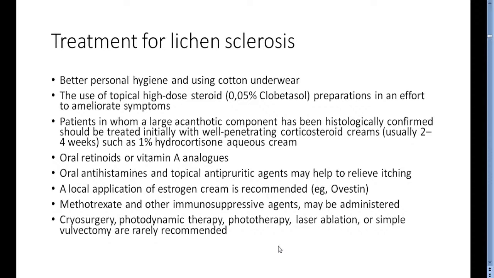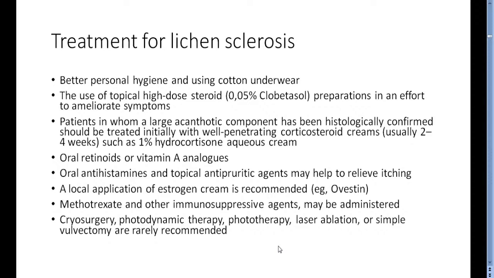Patients in whom a large acanthotic component has been found should be treated initially with well-penetrating corticosteroid creams, such as 1% hydrocortisone aqueous cream. Don't forget about oral retinoids or vitamin A analogs, also oral antihistamines and topical antipruritic agents for itching relief, pruritus relief.